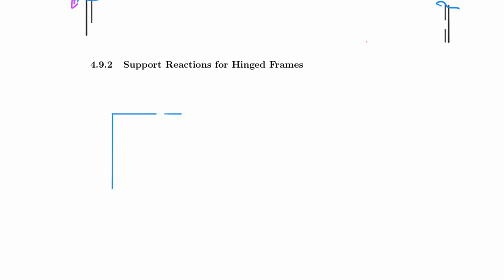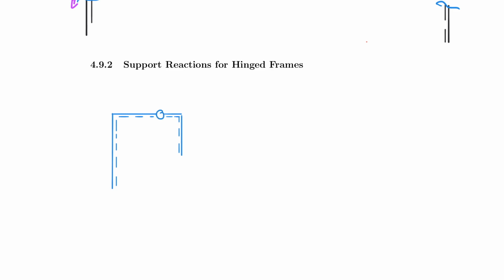For example, I have two vertical members and one horizontal member, which is split by a hinge, and that hinge is right there.